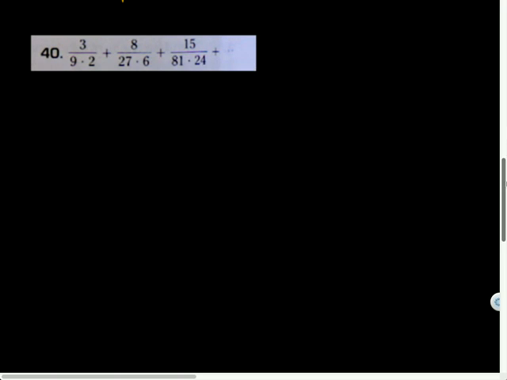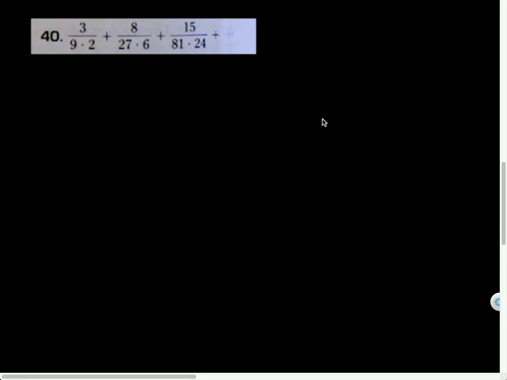So for this problem, let's do this together right now. You don't necessarily have to write this down. But let's see if we can together figure out the nth term. So 3, 8, 15. The next one would be 24 for the numerator pattern.